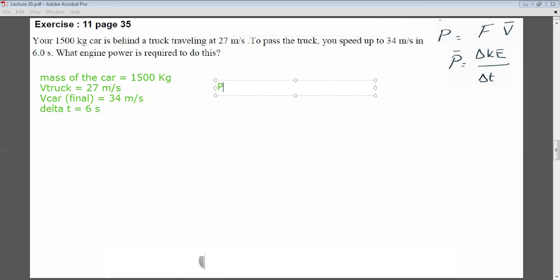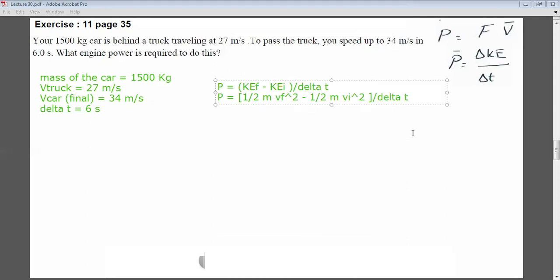So I use power equal delta kinetic energy, which is kinetic energy final minus kinetic energy initial, all of it divided by delta T. So power is equal to half m v final square minus half m v initial square, all of it divided by delta T.